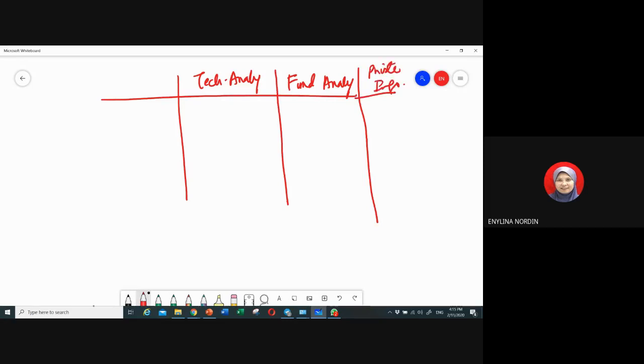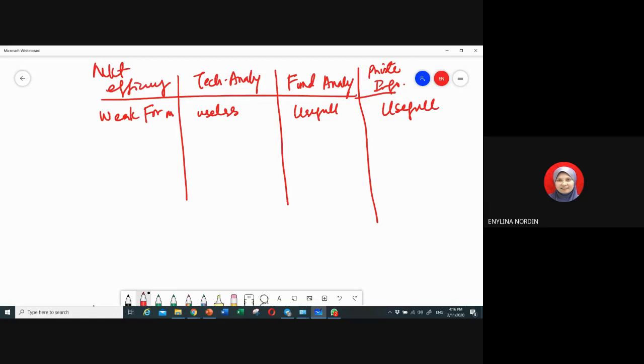Now, if our market, Bursa Malaysia, is weak form efficiency, then technical analysis is useless. Fundamental analysis is useful. Private information is also useful to the investors to make extraordinary profit.